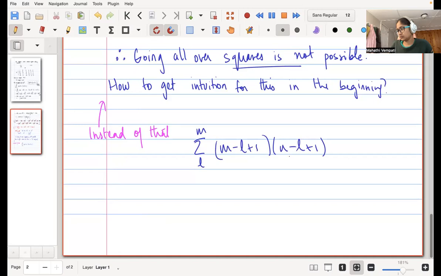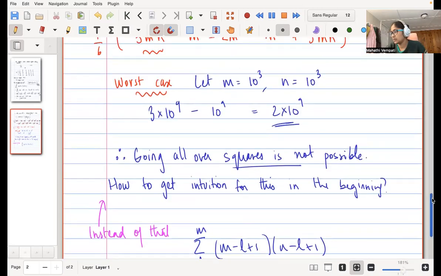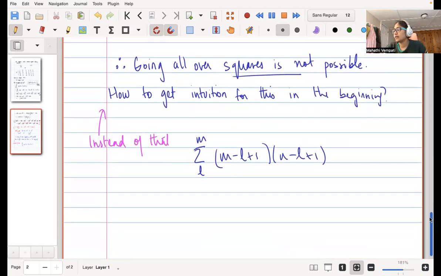I guess I was also hoping that mn equals 10 power 6 maybe gives us something. But all I needed to do is show in the worst case it's not possible. So you can get some intuition that maybe if both are 10 cubed, it would be bad.